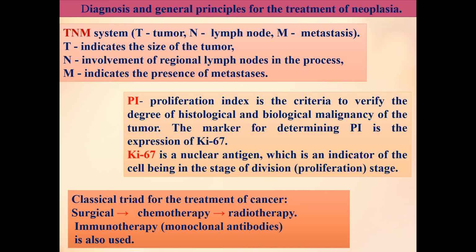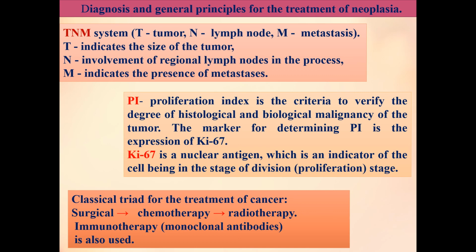One of the criteria to verify the degree of the histological and biological malignancy of the tumor is the proliferation index, PI. And the marker for determining the PI is expression of Ki67. Ki67 is a nuclear antigen, which is an indicator of the cell being in the stage of division, proliferation.